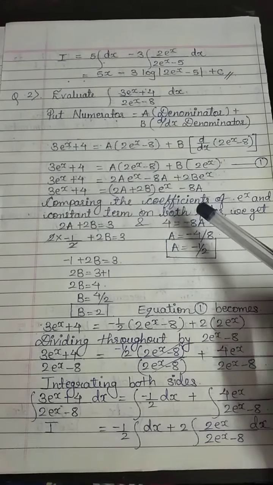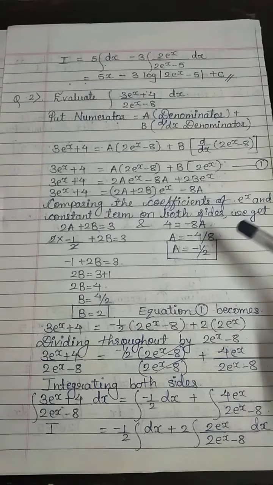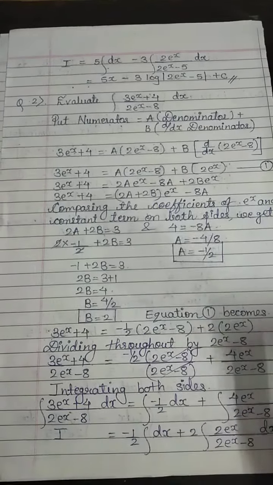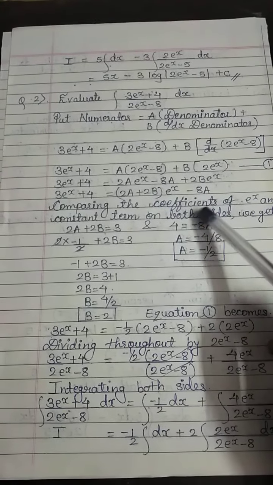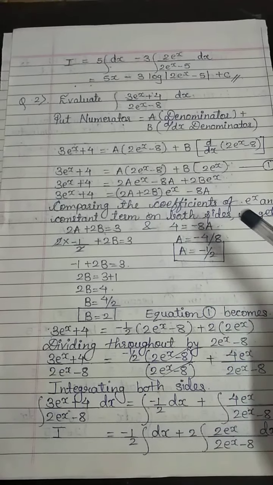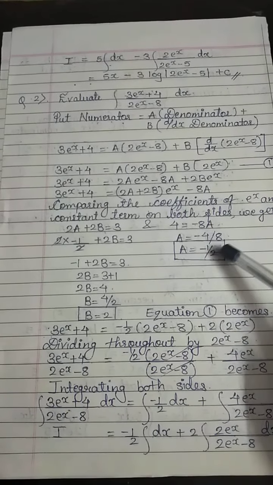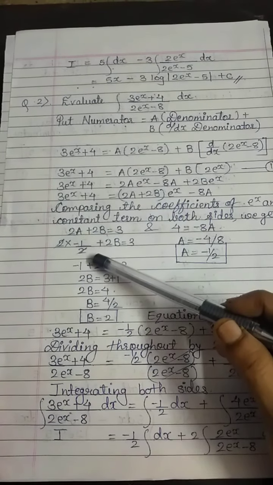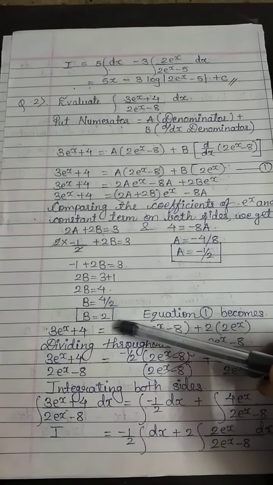Now comparing the coefficients of e raised to x and the constant term on both sides, we get 2a plus 2b is equal to 3 and 4 is equal to minus 8a. Since here only one constant is present, we can easily simplify this and the value of a will be minus half. Now substituting this value of a in the other equation and simplifying, we get the value of b as 2.